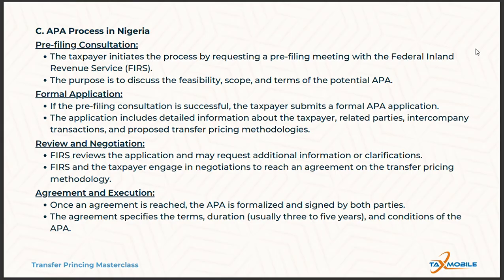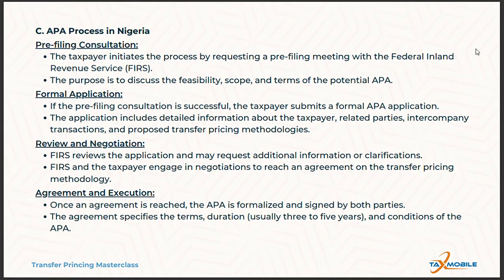Now, after the engagement with FIRS, after it has been reviewed and they've engaged with respect to the transfer pricing methodology and the assumptions underlying the advanced pricing agreement, the next stage is agreement and execution.